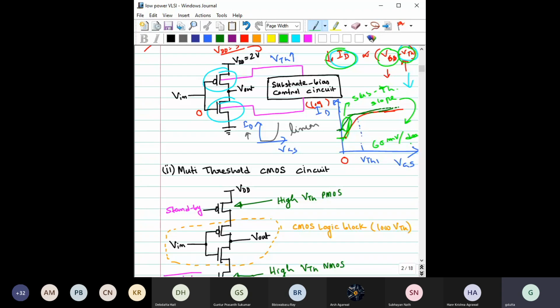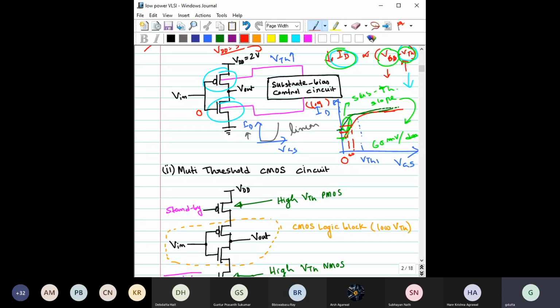What do you mean by 60 millivolt per decade? Say from here to here, if this is 60 millivolt, then the current will be 10 times compared to this current.